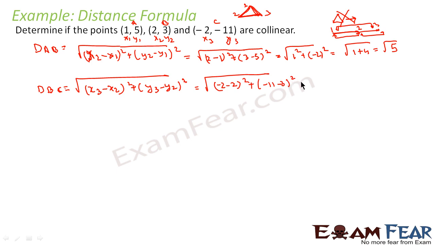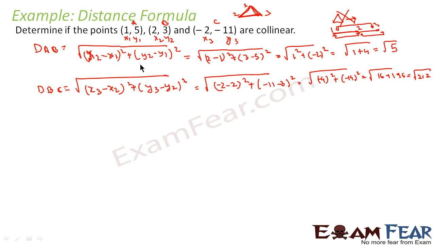That is root over (minus 4) square plus (minus 14) square, that is root over 16 plus 196, that comes out to be root of 212. That is the distance.